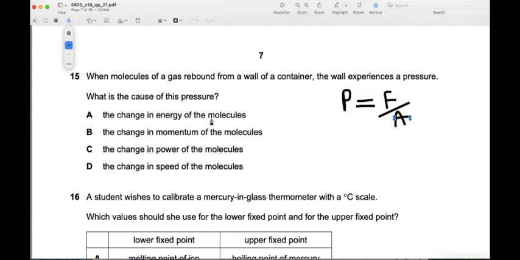A, the change in energy of the molecule, no. B, the change in momentum of the molecule, yes. C, change in power of the molecule, no. D, change in speed of the molecule, no. Anytime you see this type of question, you just go for change in momentum. When you see collision, we are talking about momentum.